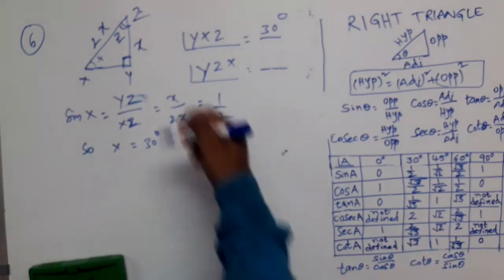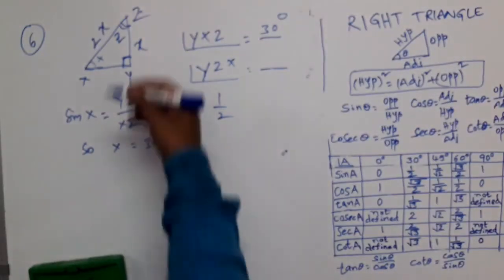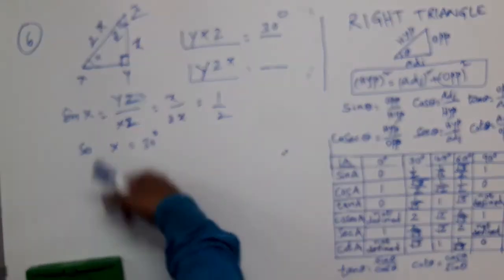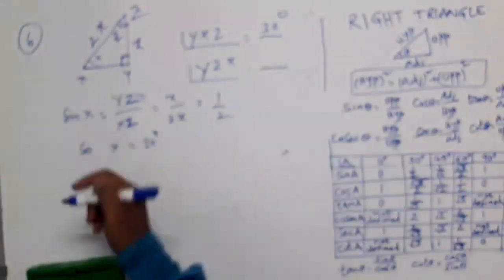For this angle, this is the opposite side, this is the adjacent side, this is the hypotenuse, right? So now I know the adjacent side is X, hypotenuse is 2X. So I will search for the ratio which can relate adjacent and hypotenuse. Adjacent by hypotenuse is cos theta. I will go for cos theta.